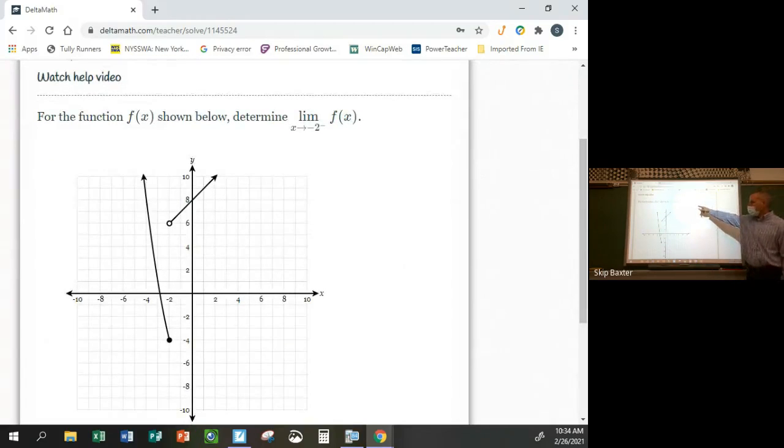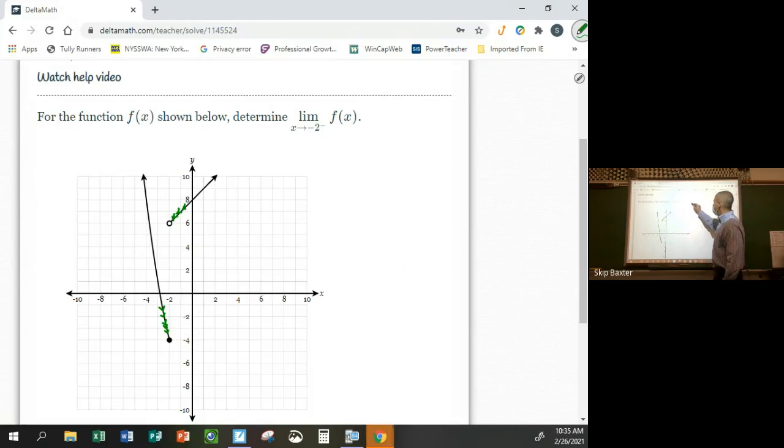Limit as x goes to -2 from the left. What's the answer? Nope. That's from the right. From the right-hand side, approaching that, I get 6. But from the left-hand side, that's this part of the function, I'm approaching -4. The answer should be -4. See the difference?